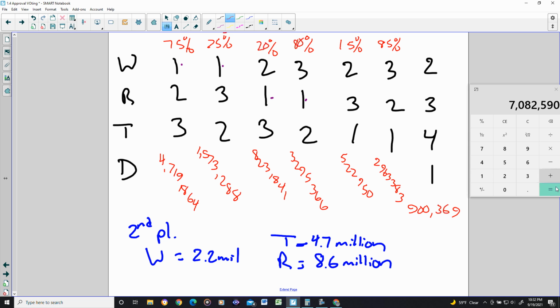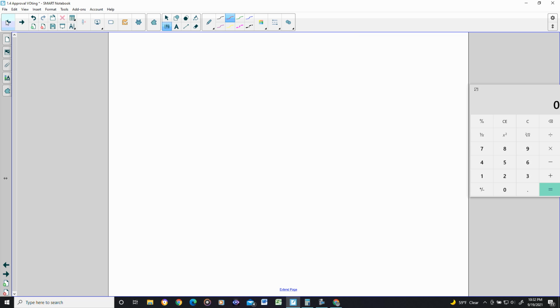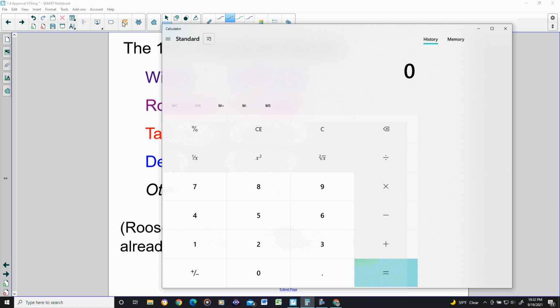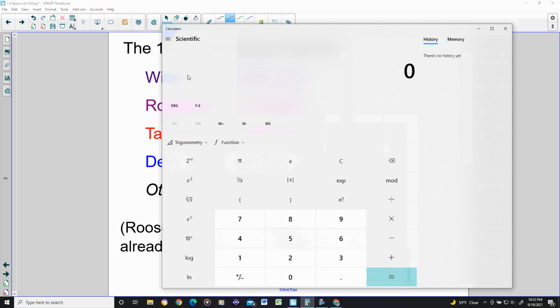All right, so let's do the math here. So for Wilson, it's all of his first place votes, 6293152 plus 60% of, oh, they didn't like that. I'm going to have to use a scientific calculator on this one. Okay, scientific.